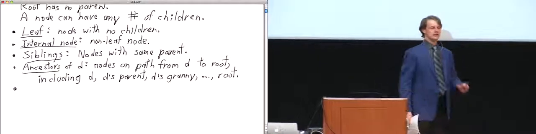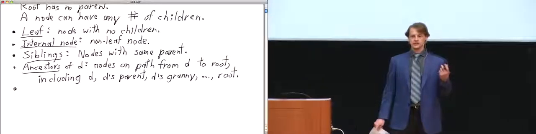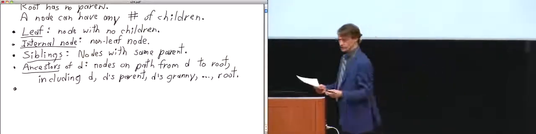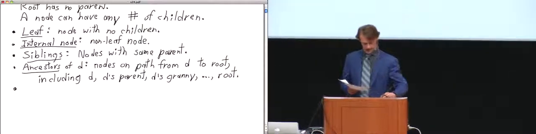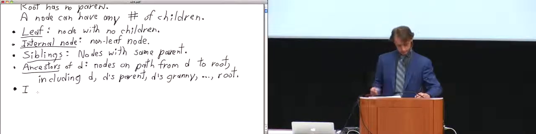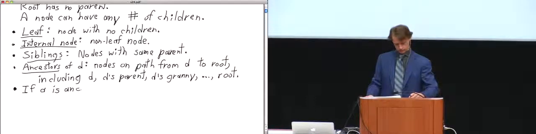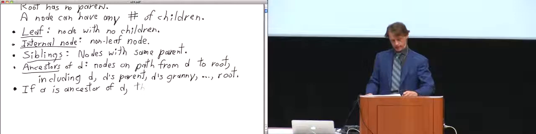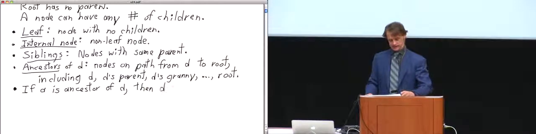So the reciprocal of the ancestor relationship is the descendant relationship. So if A is an ancestor of D, then D is a descendant of A.